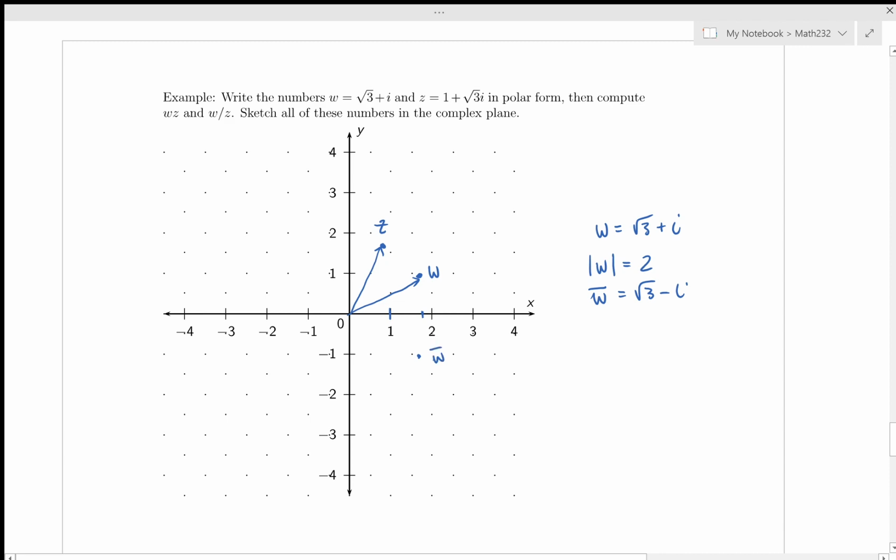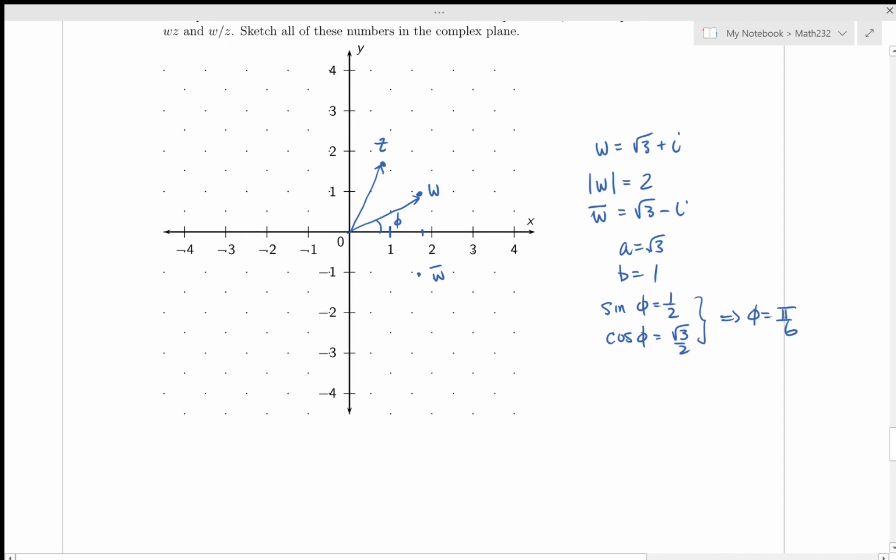In this case, for W, a is equal to root 3, and b is equal to 1. Now we want to determine the angle here for W, this angle phi. You can see that the sine of phi is 1/2 and the cosine of phi is root 3 over 2, and this is telling us that phi is pi by 6.